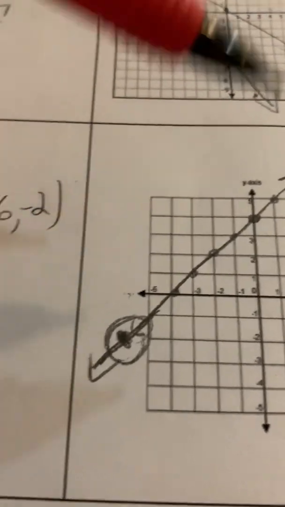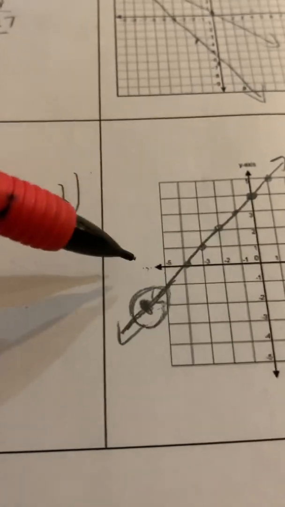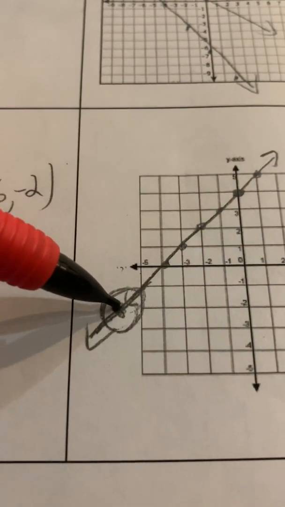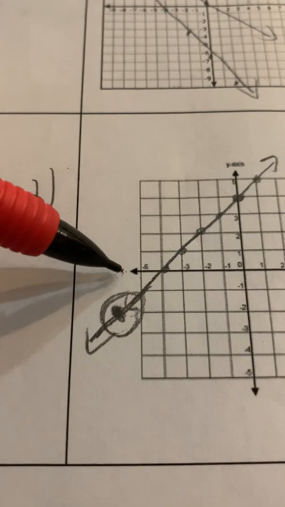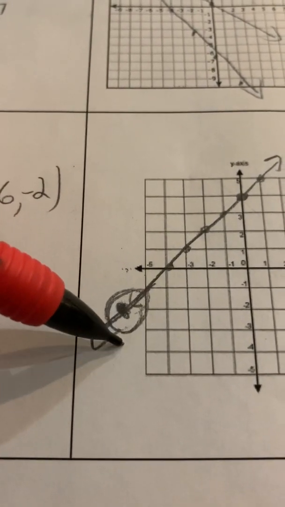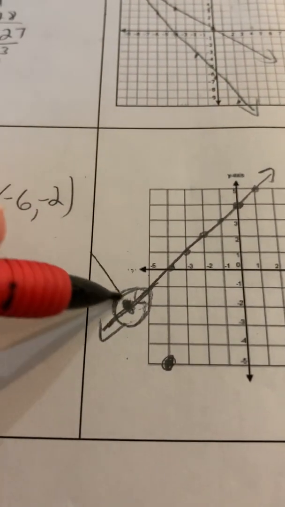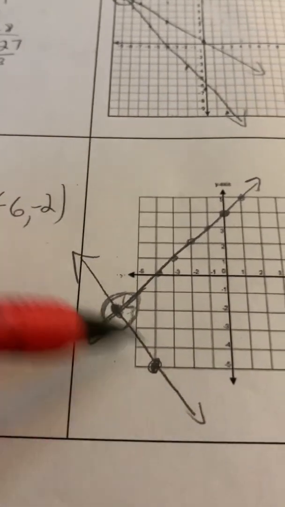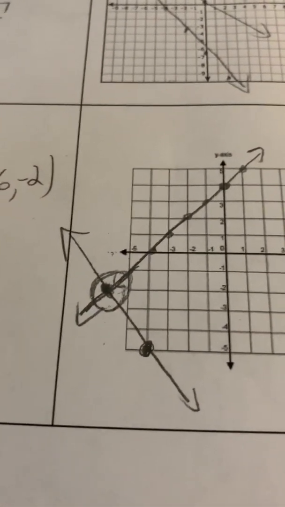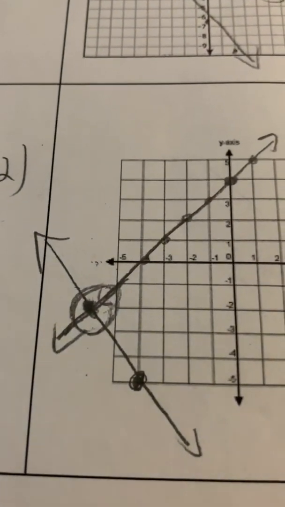One thing I can do though is, since my slope is negative 3, I can go down 3, 1, 2, 3, and to the right 1. This was the other line that it should have been. Okay, so it's off the graph, but you can still see that those two lines would intersect.